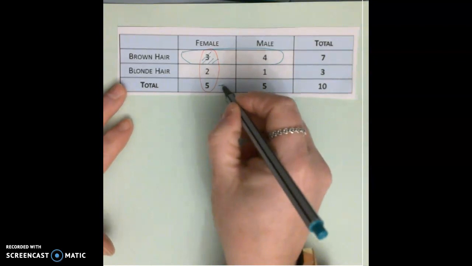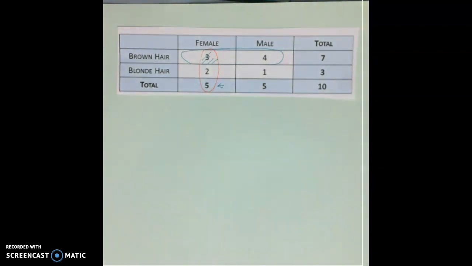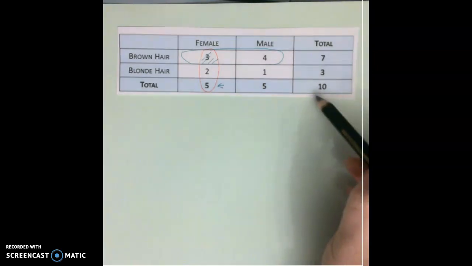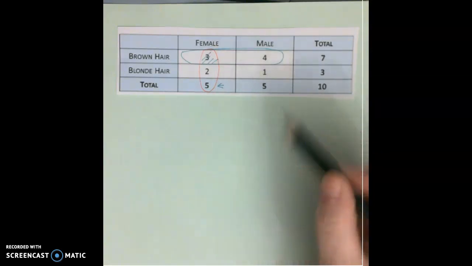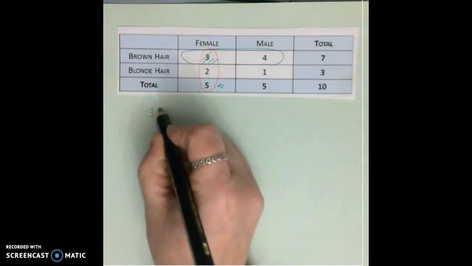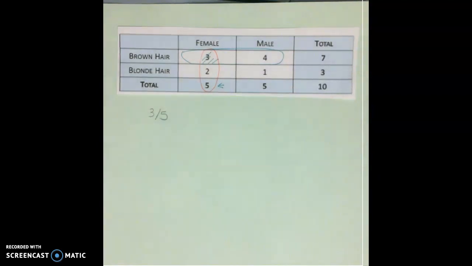And you're also interested in the total here, because it's out of the total number of females. So it's not out of the total who were asked altogether, it's out of the total females because you've selected the female category. So in this case, it's going to be 3 out of 5.